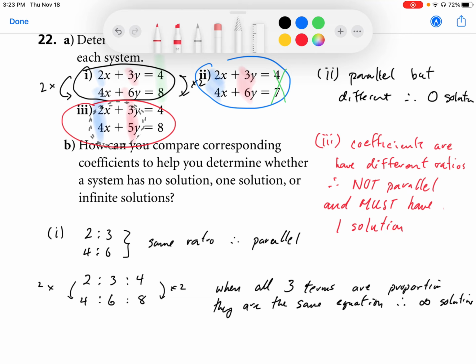One solution, we take a look at the coefficients, and they are not in proportion. They don't have to share the same ratio. So therefore they are different slopes, meaning they have one solution. And infinite solutions would be a situation where all three coefficients are in proportion to each other. That would be this case here. Therefore, they're parallel and the same, therefore infinite solutions.